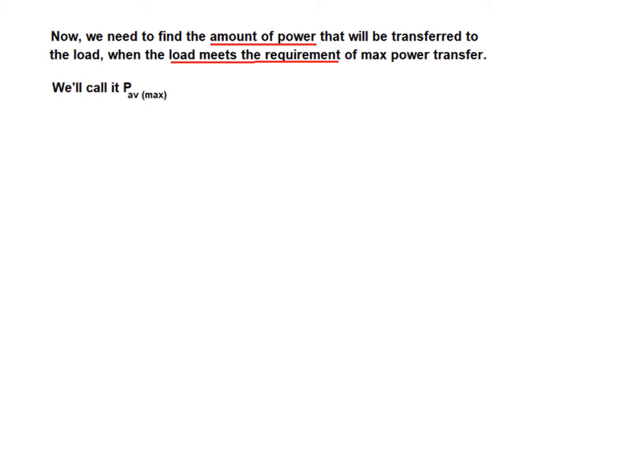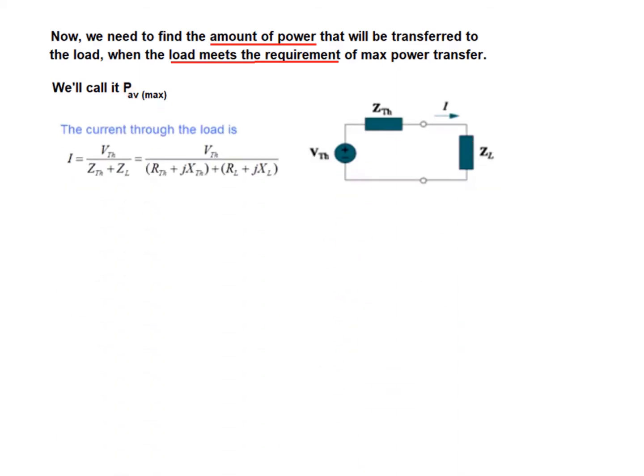Now we need to find the amount of maximum power. So for the amount of maximum power, we write P average max, and that can be found if you can find the current through this circuit. So current is V Thevenin divided by Z Thevenin plus ZL.